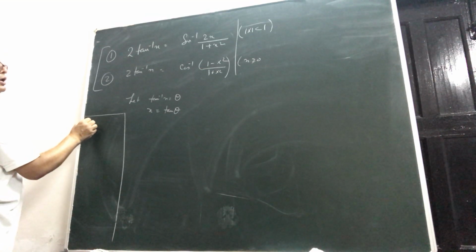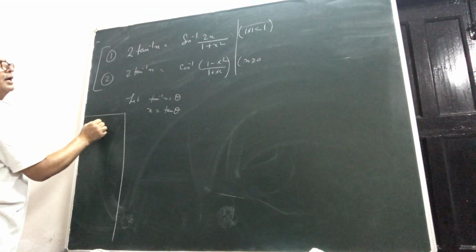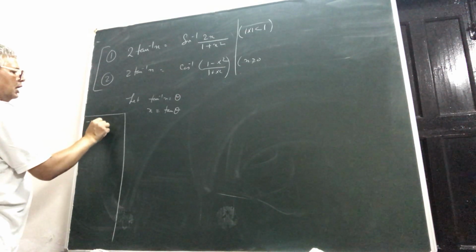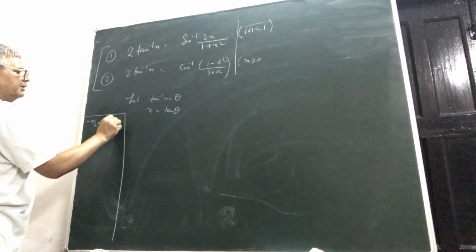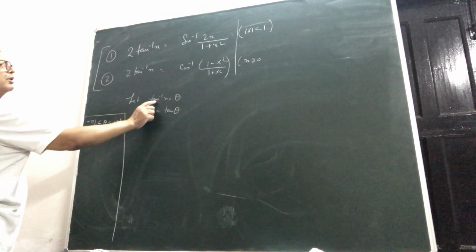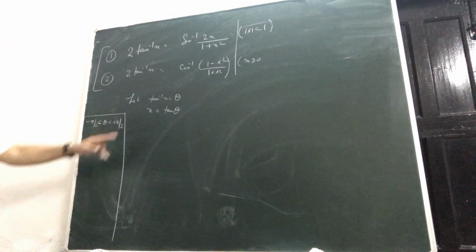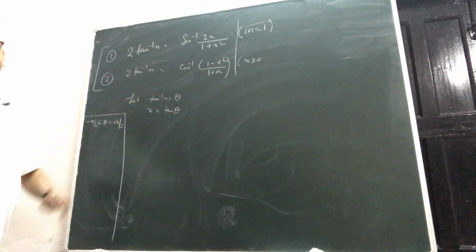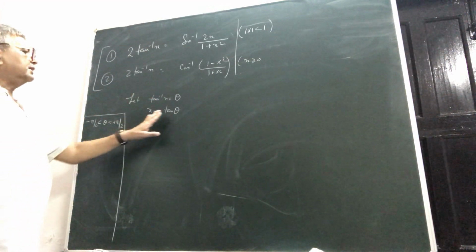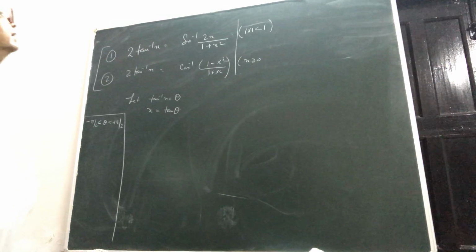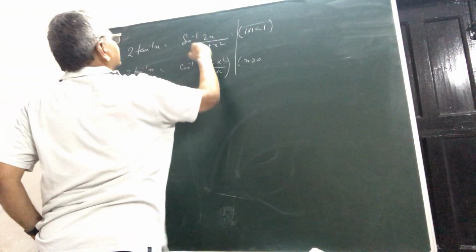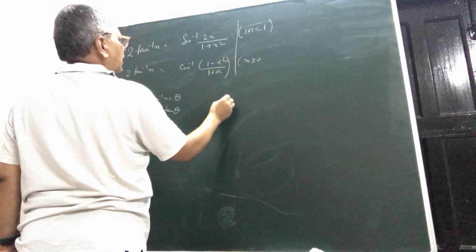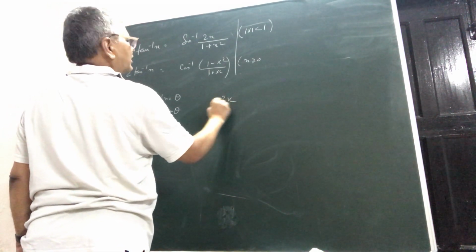Because you know this theta will lie between minus pi by 2 and plus pi by 2, because tan inverse x is this, and x can be any real number from minus infinity to plus infinity. So x is equal to tangent theta. Now please see sine inverse of this. Now see what is this, 2x upon 1 plus x square?